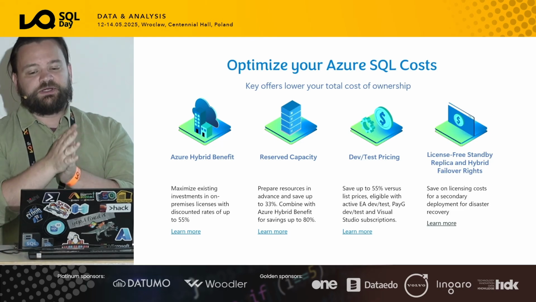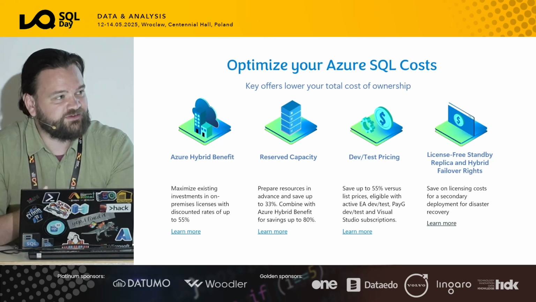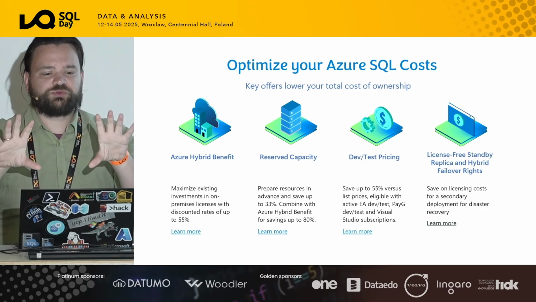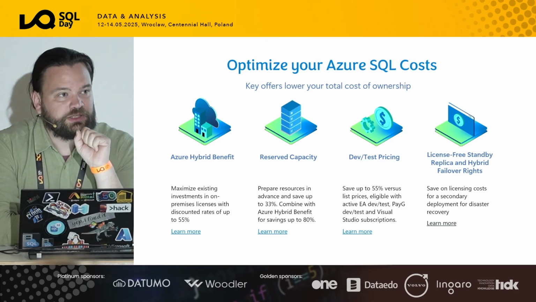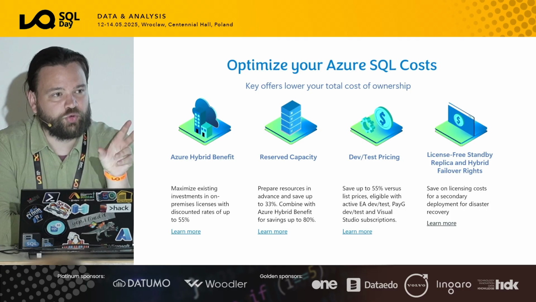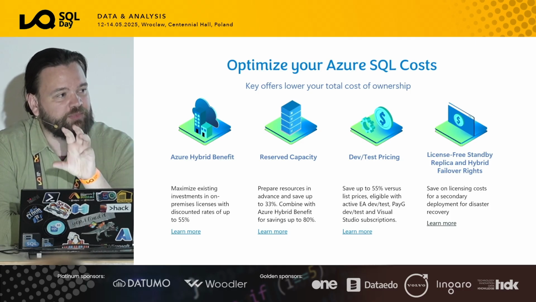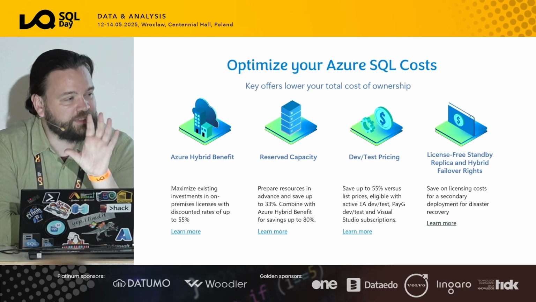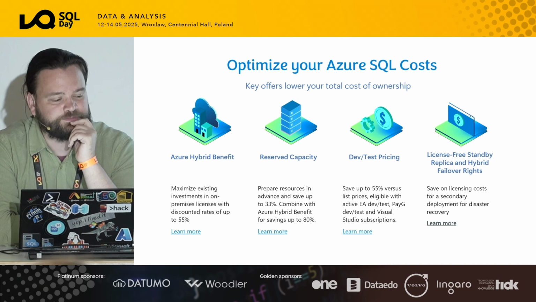And then finally, there is the license-free standby license benefit. You can think of it this way: if you have an idle secondary in any kind of configuration, and that can be with failover groups, so you have a geoprimary and geosecondary, and this secondary is a standby replica, meaning you are not using it for read-only workload but just as a standby replica for disaster recovery purposes.